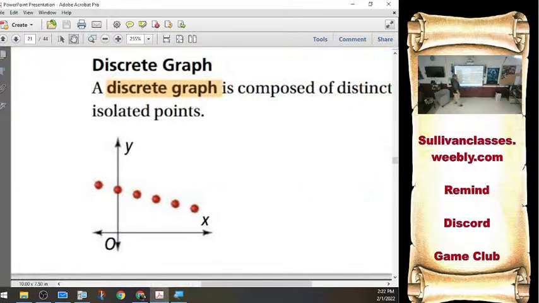Discrete graph. Discrete means it has very distinct input-output pairs. I can buy this many couches. I can't go to Furniture Row in Rapid and buy 4.31 couches. And you always get that pedantic kid who's like, well, yeah, you can.